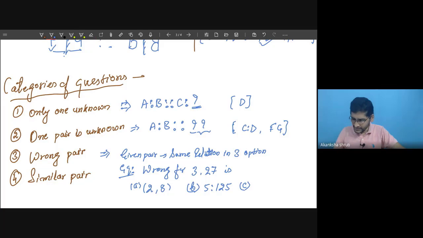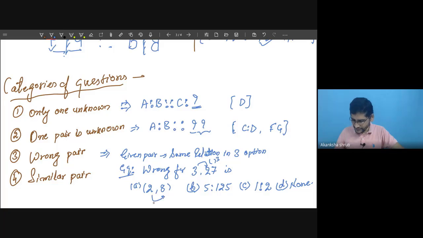In this C, 3 is already we have taken, so 1, 2. D is none. Okay, so what we are observing here is it is just the cube of this, so it is the cube relation.